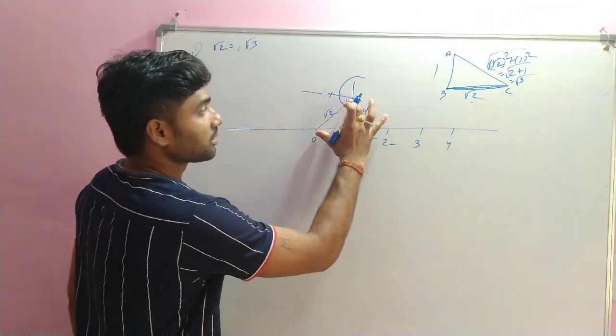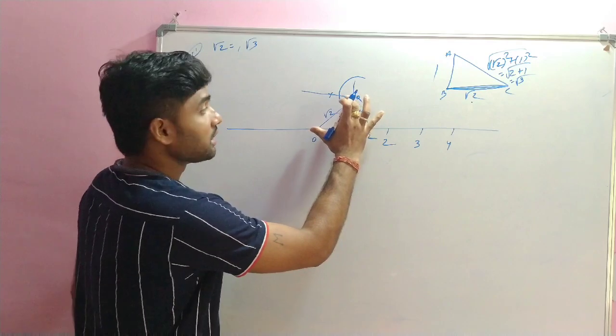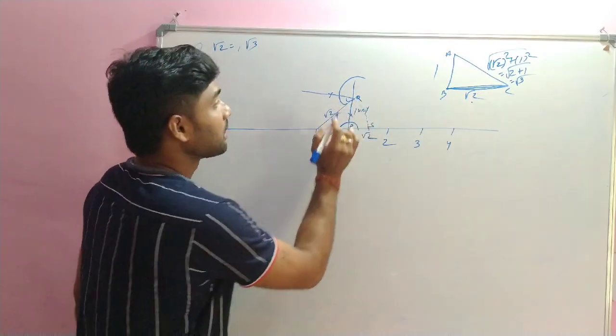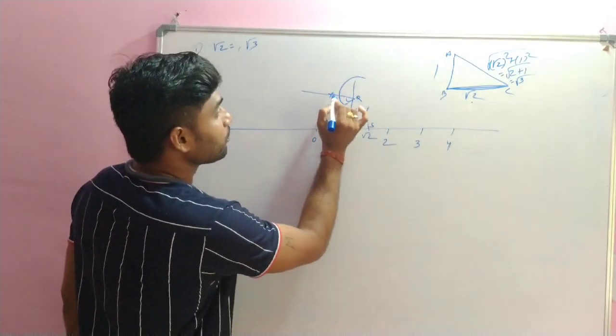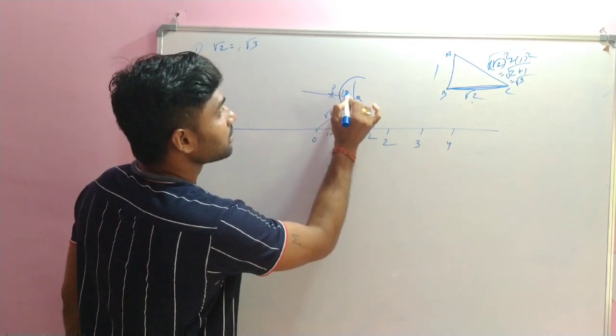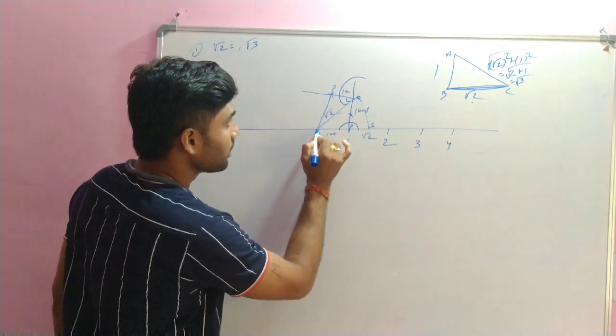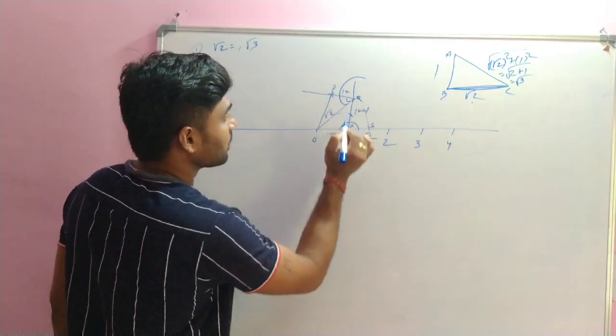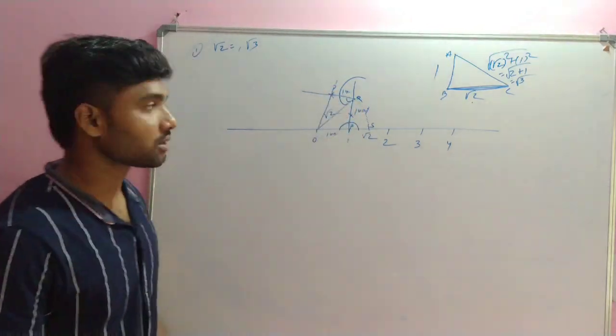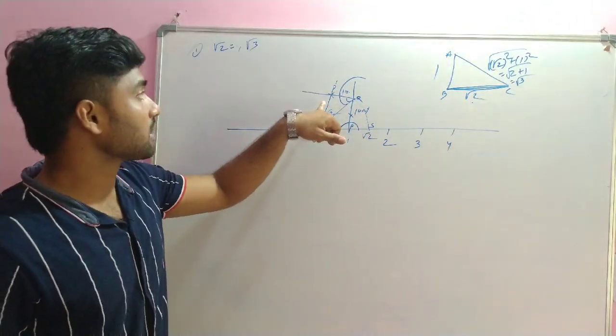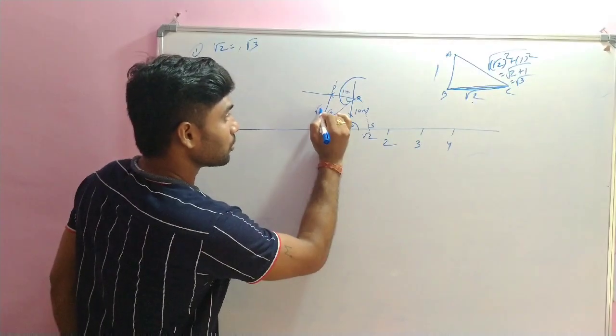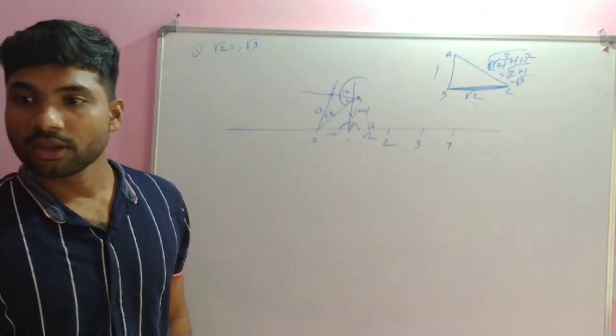The length of OQ is root 2 units, and QP is 1 unit. So draw OP dash. This one will be root 3.